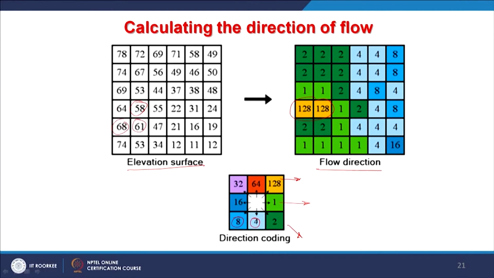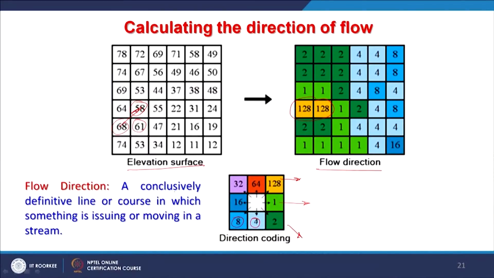So, 68 is very high among these, so the flow will be in this direction, that is the northeast direction. Similarly, we can understand the others. So, while calculating flow direction we use this concept of a 3 by 3 kernel using codes. Flow direction is a definite line or course in which something is moving into a stream.